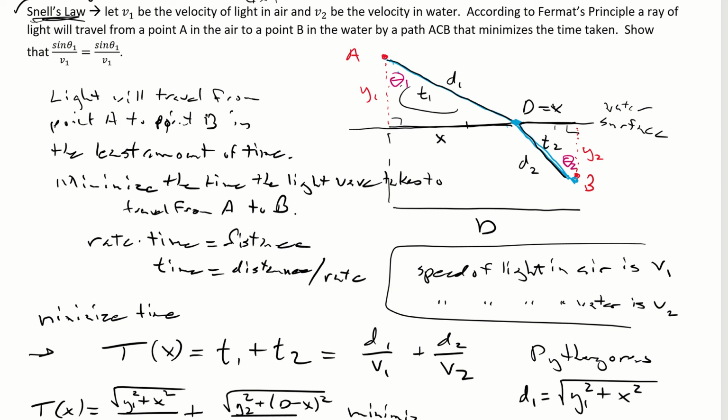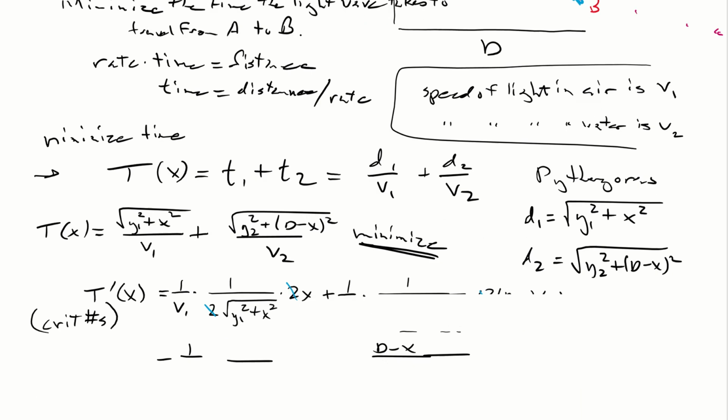We can figure this out. But he's going to say one more party crasher is theta 1, the angle of incidence, I think, of the light hitting, and that's really hard to read, so let's try that again. I'll bring it down here.